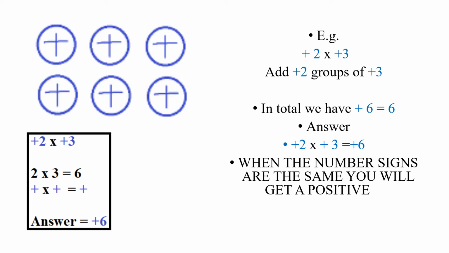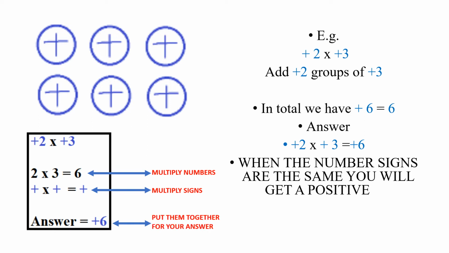So then our answer down here, when we put both together, the 6 and the positive, is positive 6. What do you all think about that? All right, so we see that we multiply the numbers, we multiply the signs, and we put them together for our answer. All right, hopefully that's a little clearer to you all now.